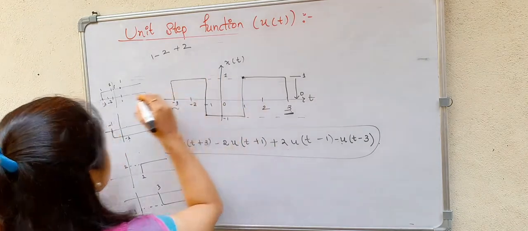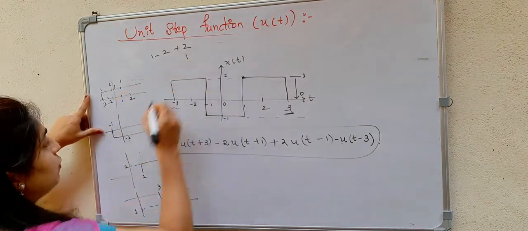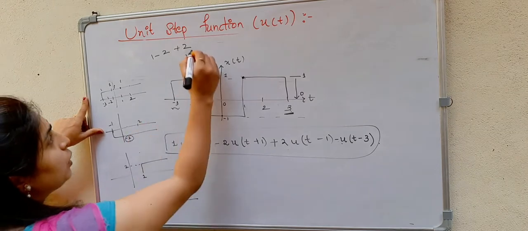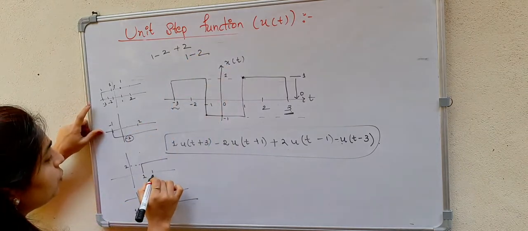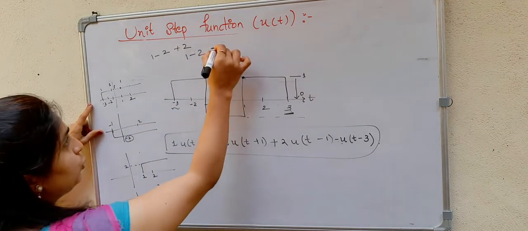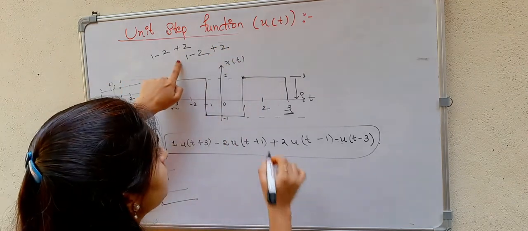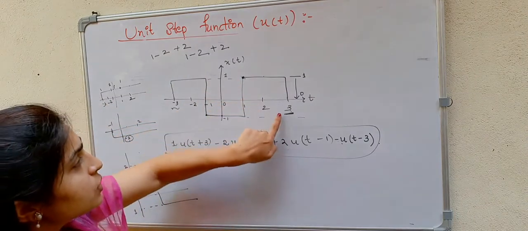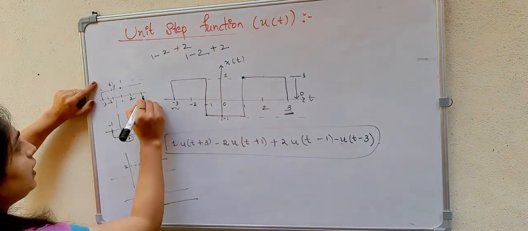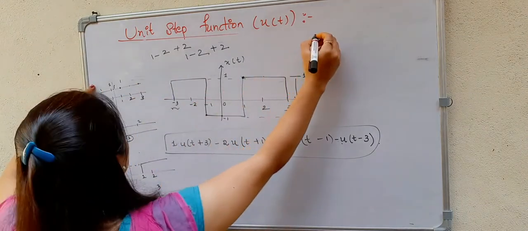Next, at 2, you have a value 1. Here you have a value minus 2. At 2, again you have the value 2. Here we do not have any value. So, 2 minus 2 plus 1. So, it is 1. Correct. So, now at 3, you have a value 1.